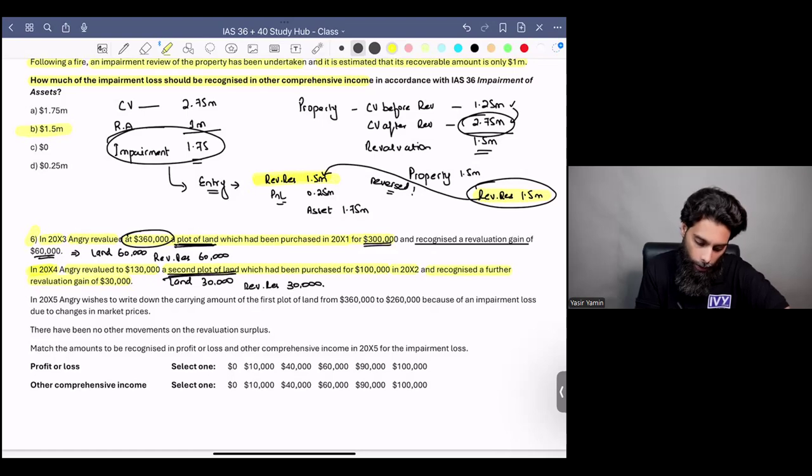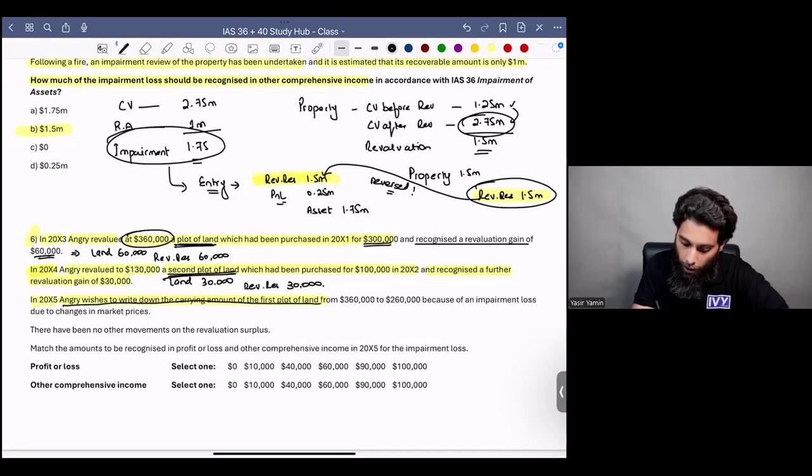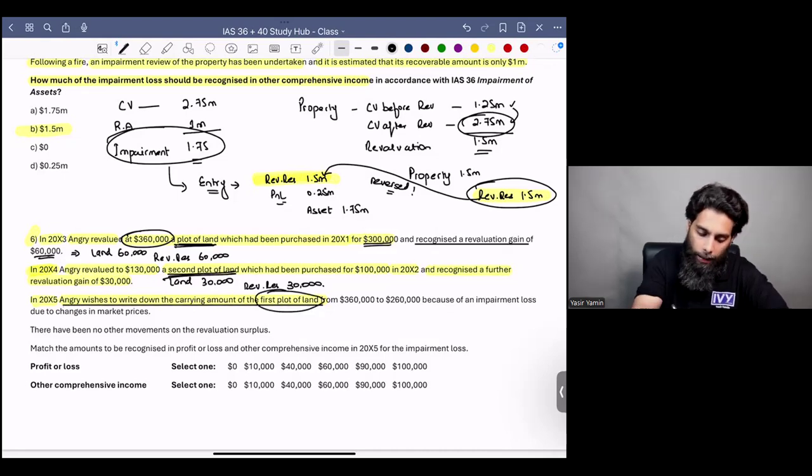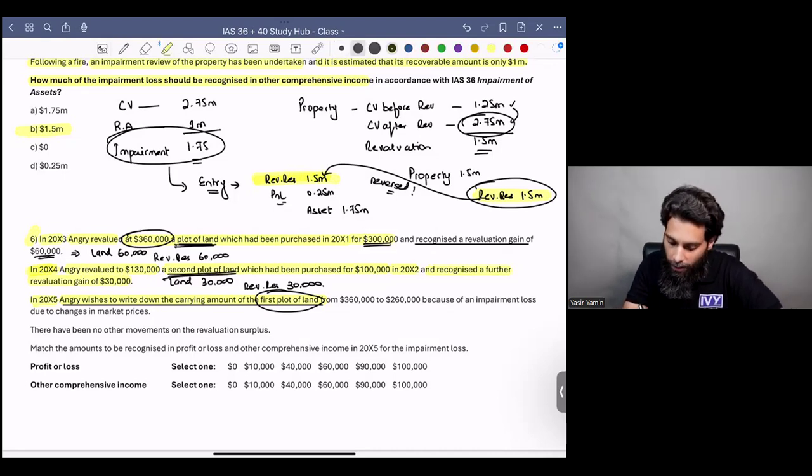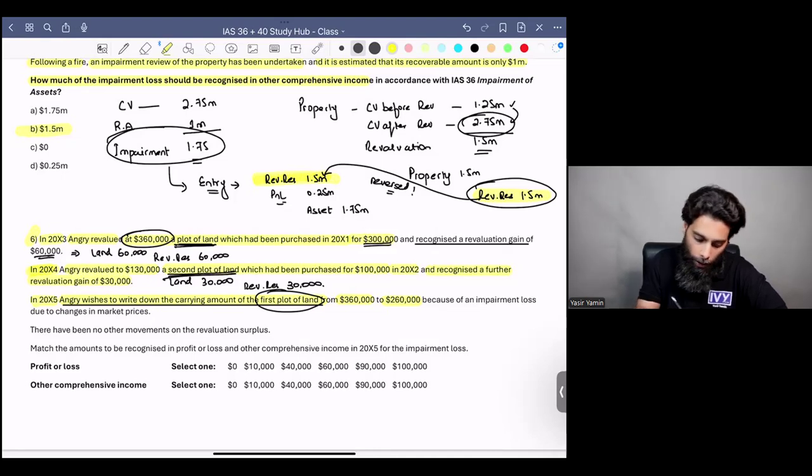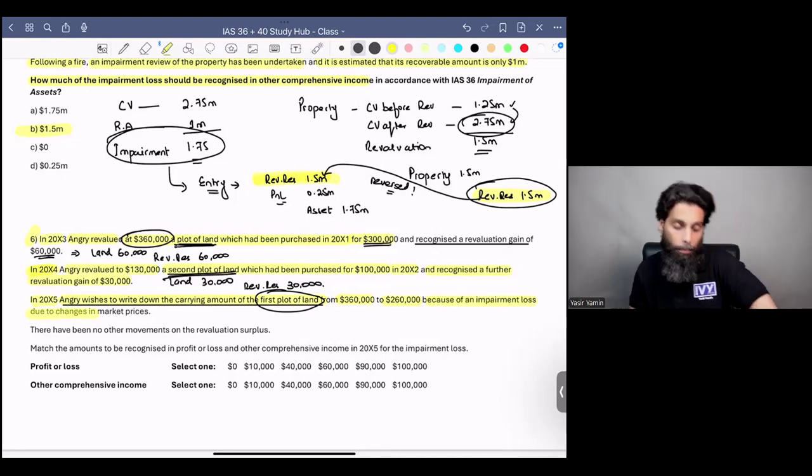In X5, Angry wishes to write down the carrying amount of the first plot of land. Please note, Angry wishes to write down the carrying amount of the first plot of land from 360,000 to 260,000 because of an impairment loss due to changes in market prices.